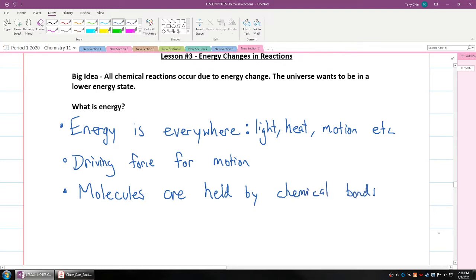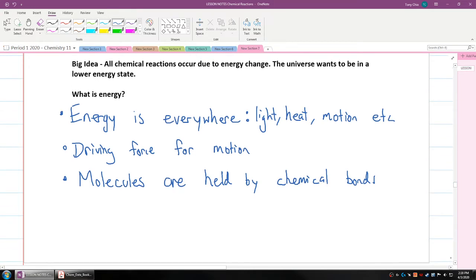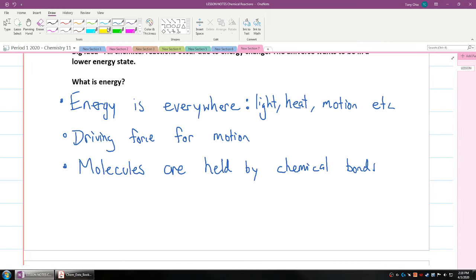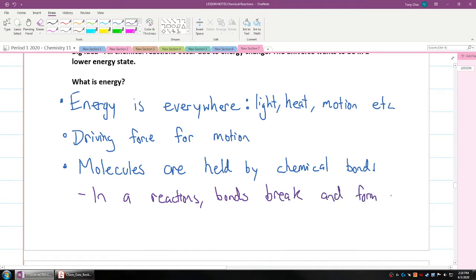And it's this energy that's going to help break or form these chemical bonds in a reaction. So in a reaction, bonds break and form due to energy.